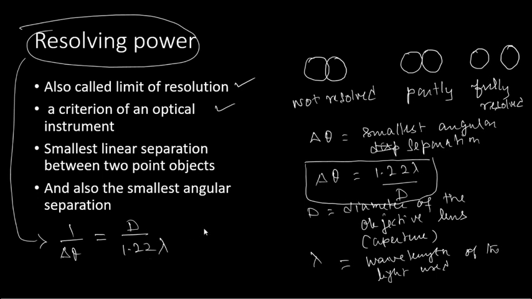And what is the limit of resolution? That is nothing but delta theta. It means to what extent it can be resolved. So that is the basic idea about this resolution.